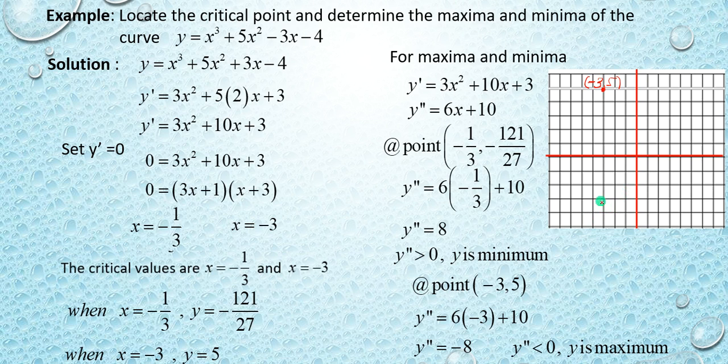And also negative 1/3. For example, it is here, negative 121 over 27, something more than 4, 1, 2, 3, and 4, something here.